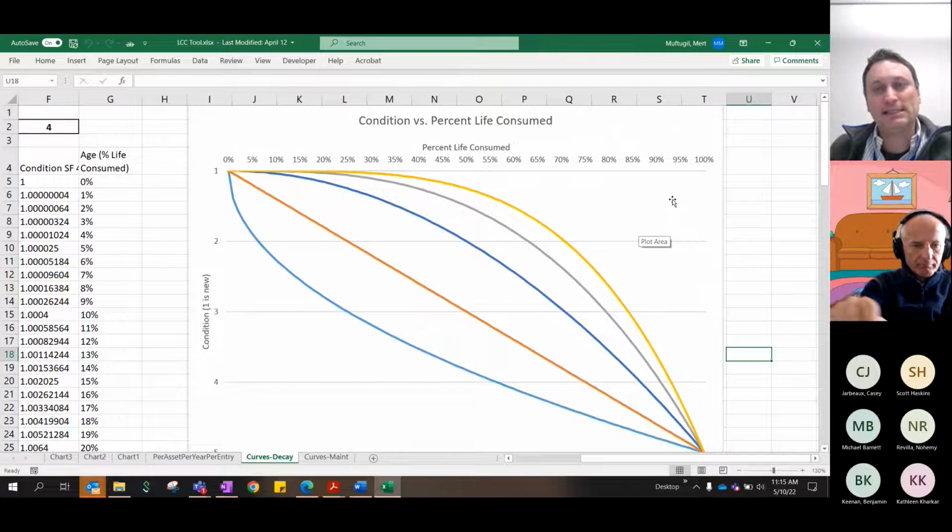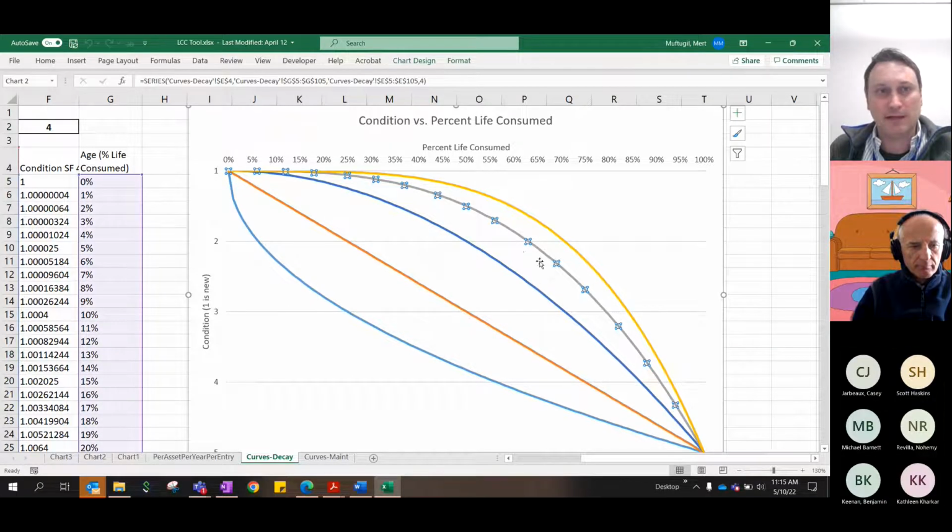Assets with some level of moving parts, such as blowers, compressors, and pumps, will be a little bit less. So maybe a shape factor of, I think this is 3 and this is 2, something between these.